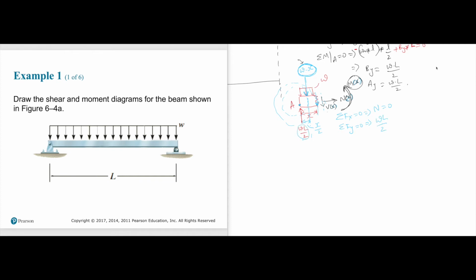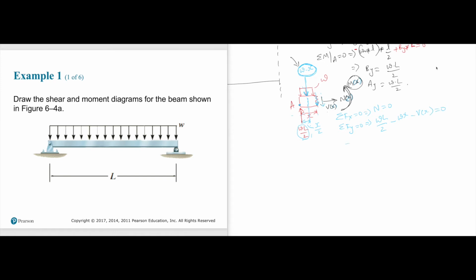Okay, and you're getting a negative WX, which is pointed out here, and you have a negative V of X just going down, and that is equal to 0.